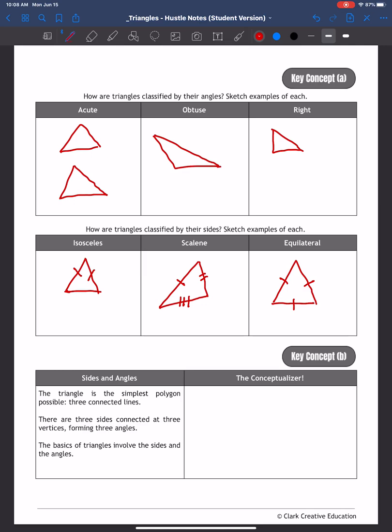So, when you have sides and angles, the triangle is the simplest polygon. 3 connected lines. There are 3 sides connected at 3 vertices, forming 3 angles. The basics of a triangle involve the sides and the angles. The triangle is also the building block for other polygons. A quadrilateral, for example, can be made of 2 triangles.